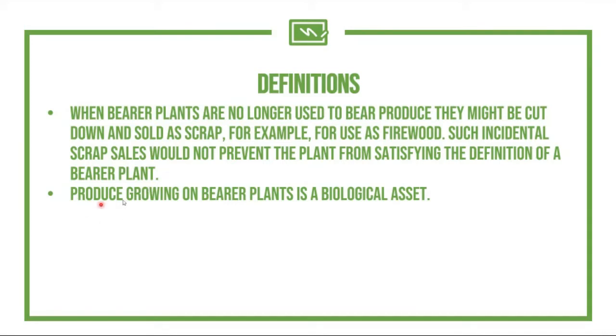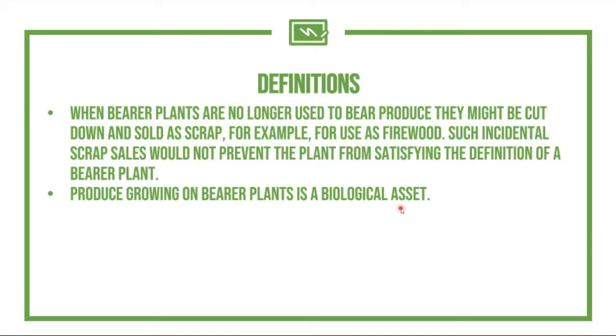And then produce growing on bearer plants is a biological asset, just like what we said a while ago. For as long as it is not yet harvested and is still attached to the bearer plant, it is considered a biological asset.